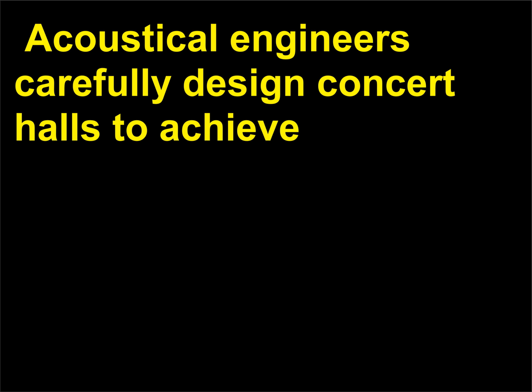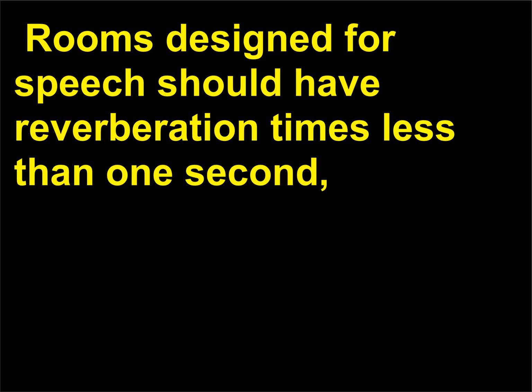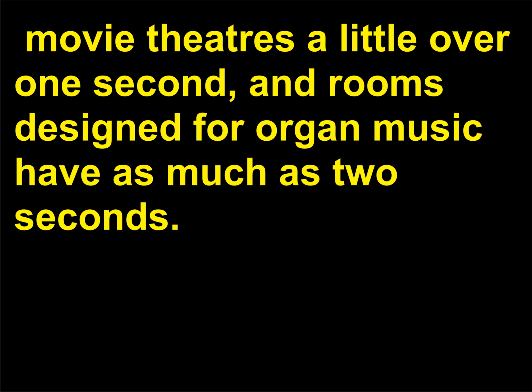Acoustical engineers carefully design concert halls to achieve a typical reverberation time between 1 and 2 seconds. Rooms designed for speech should have reverberation times less than 1 second. Movie theaters a little over 1 second, and rooms designed for organ music have as much as 2 seconds.